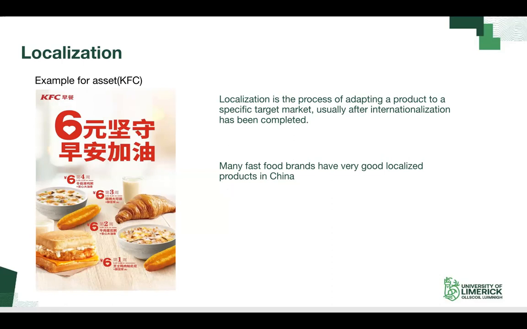Like in China, we can see in this picture the Chinese KFC breakfast special menu, with soup, soy milk and other traditional Chinese breakfast. KFC has been in China for many years, with more than 5,300 restaurants in more than 1,000 cities. Good localization is the reason KFC can be so successful in China.